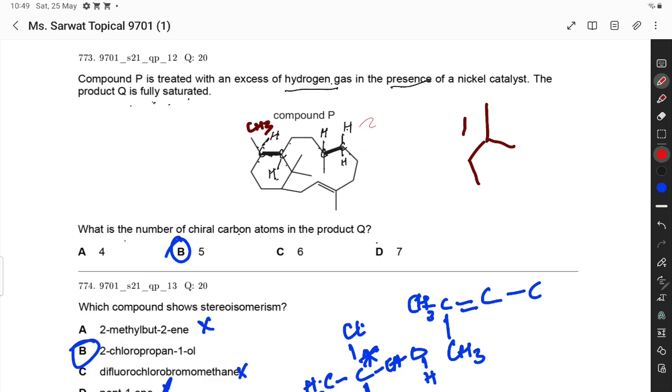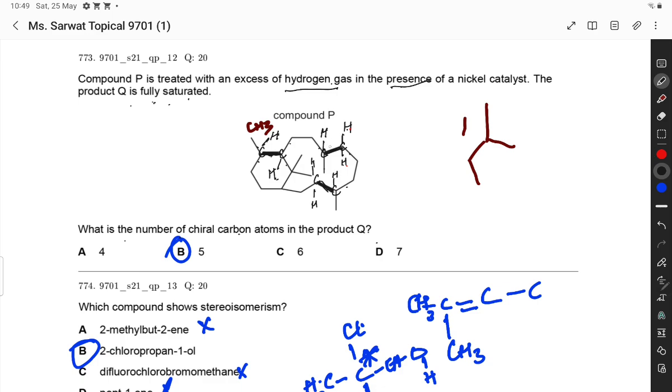Chiral center 1, 2, this is not a chiral center. This is also going to break down. This is carbon, hydrogen over here, hydrogen over here, and this is carbon 1, 2 and hydrogen over here.